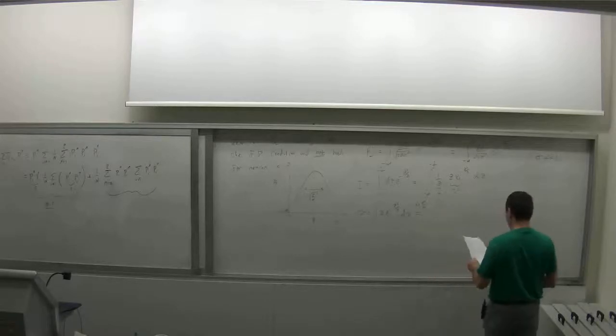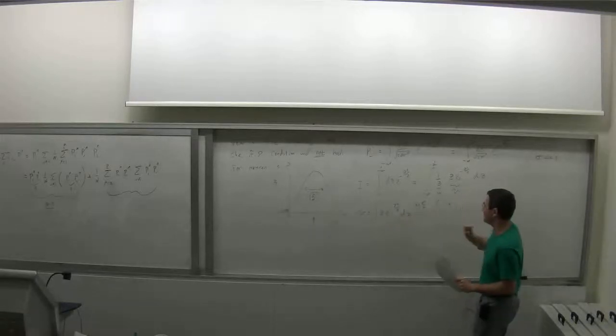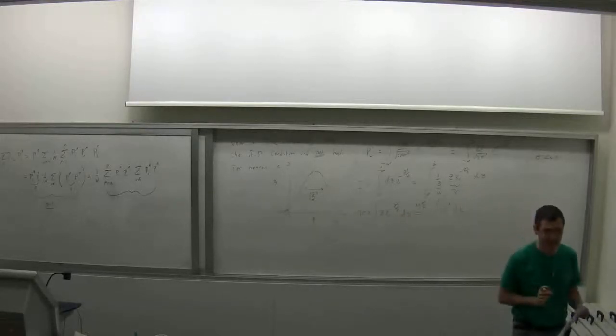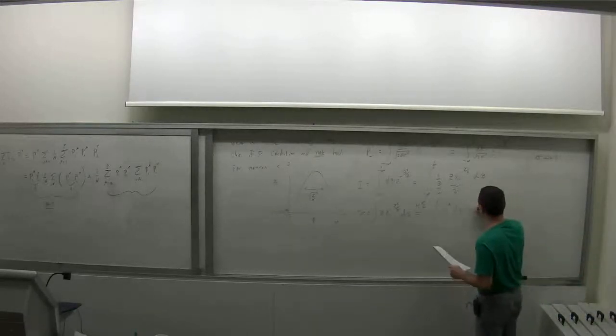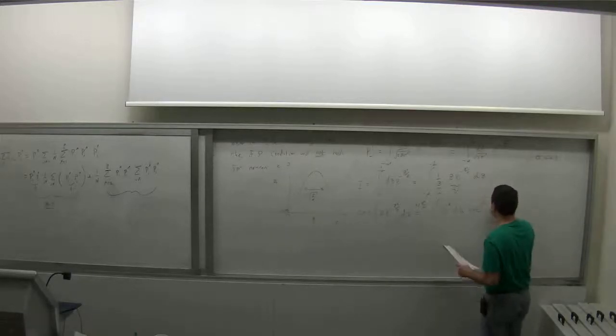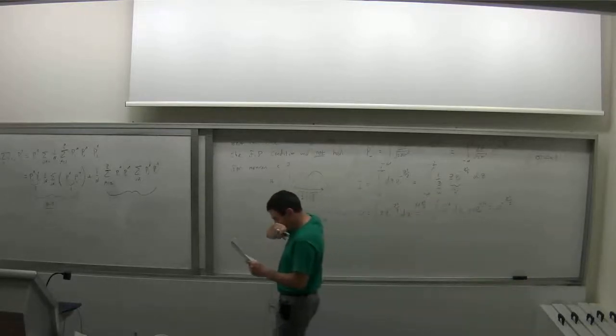So this would be equal to e to the minus k dk, because z dz is equal to dk, which is equal to minus e to the minus k, which is equal to minus e to the minus z squared divided by 2.